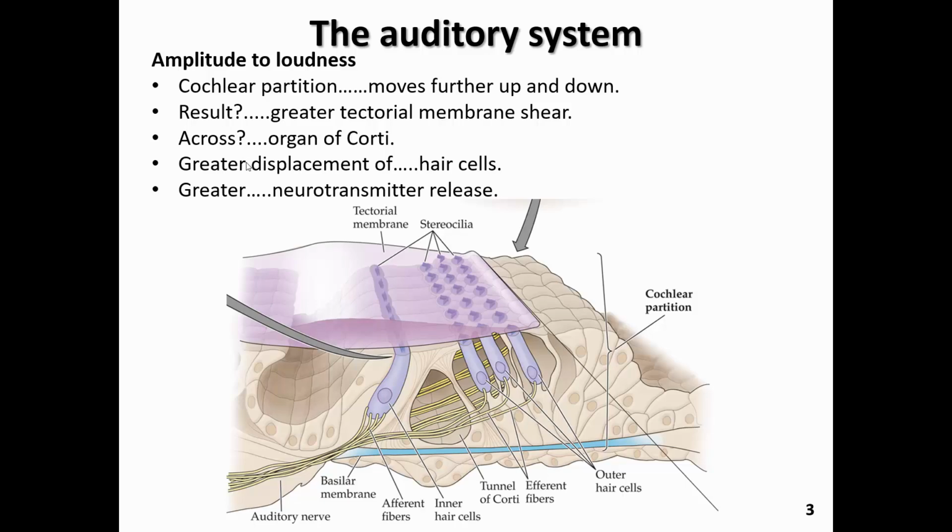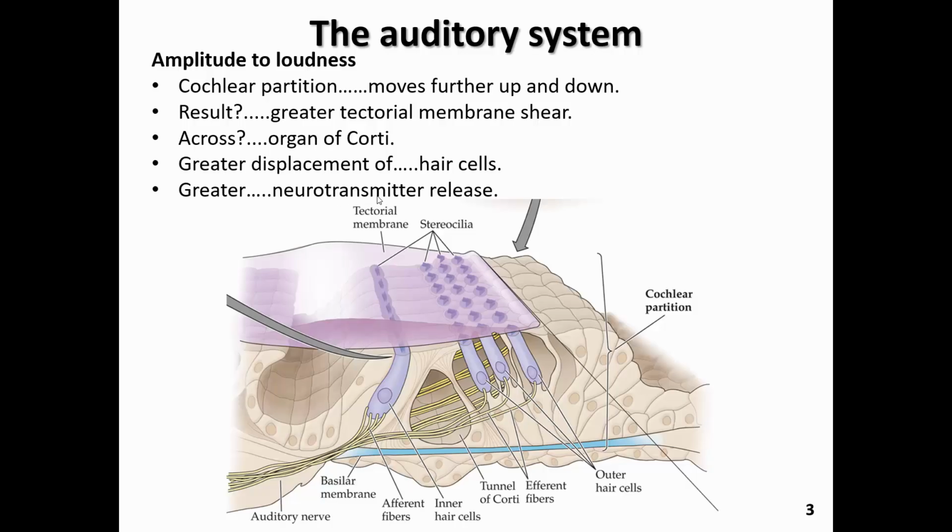That will cause a greater displacement of the hair cells, something we covered in the previous part on the auditory system, and we'll make reference to it again here in this part 2 unit. And that greater displacement of the hair cells will lead to a greater release of the neurotransmitters.